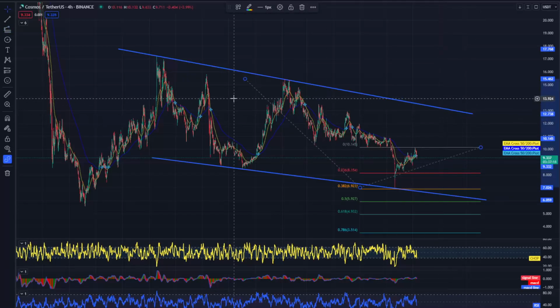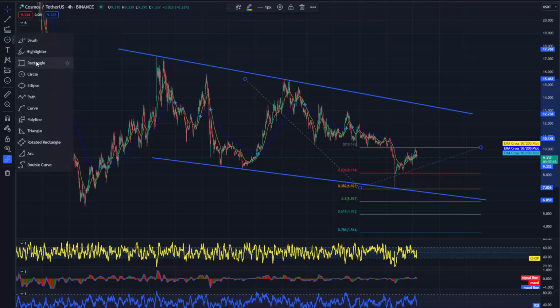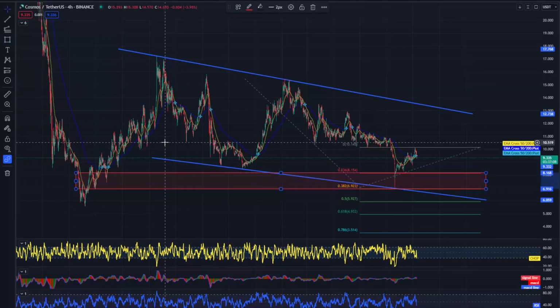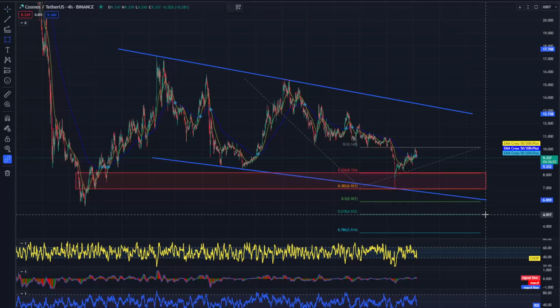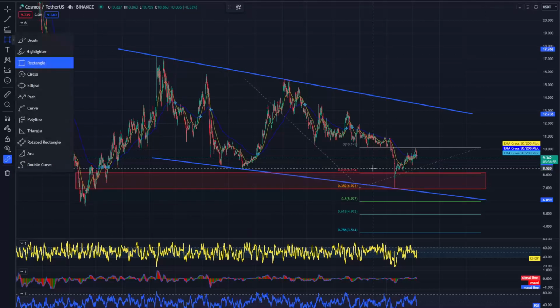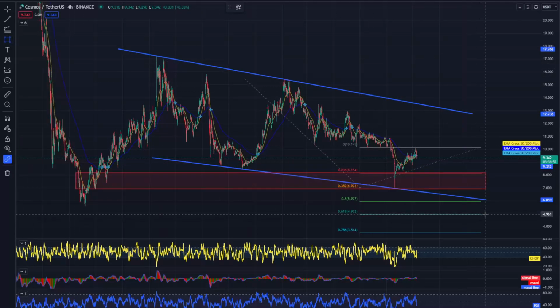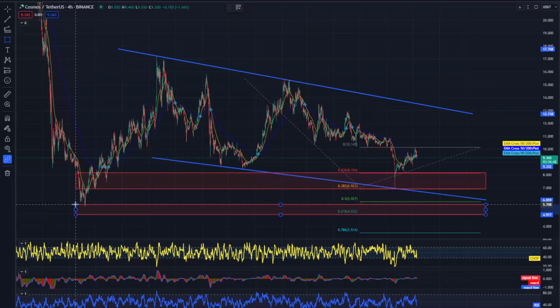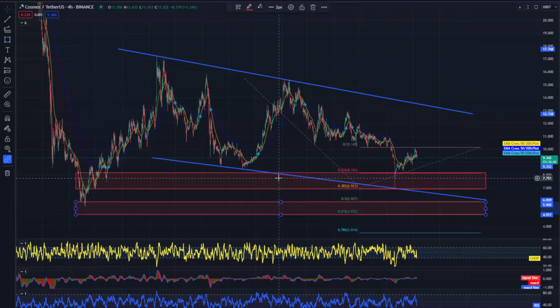For this we will use the trend-based fib extension tool. And here we will mark a significant support zone from $8.16 to $6.91. However, when the zone does not hold the price, we can see a drop around the second very strong zone from $5.90 to $4.91.